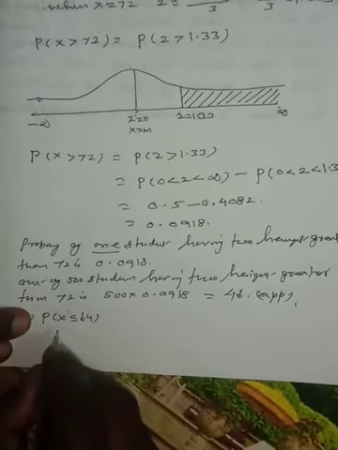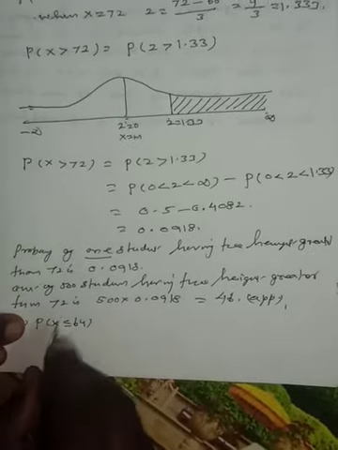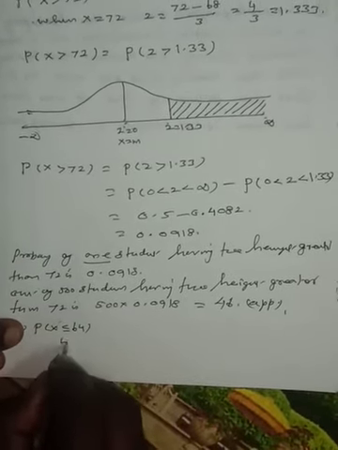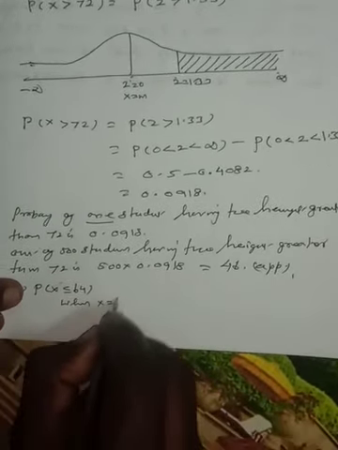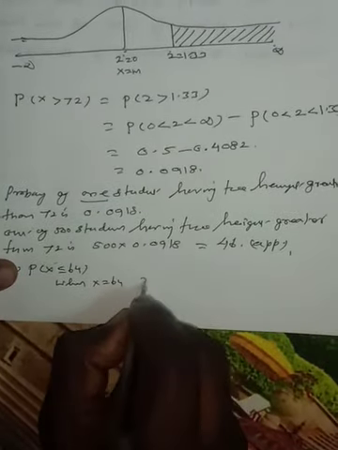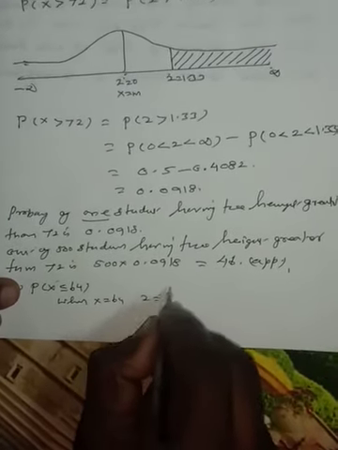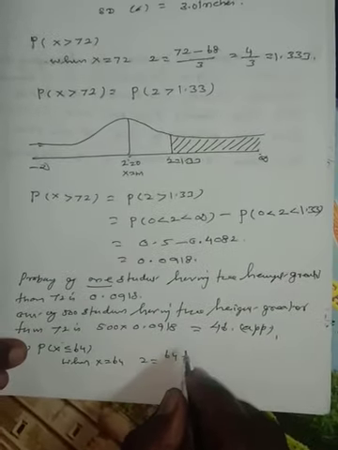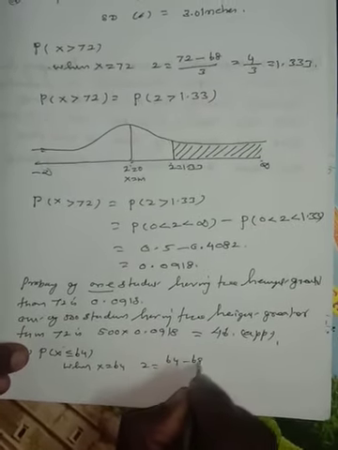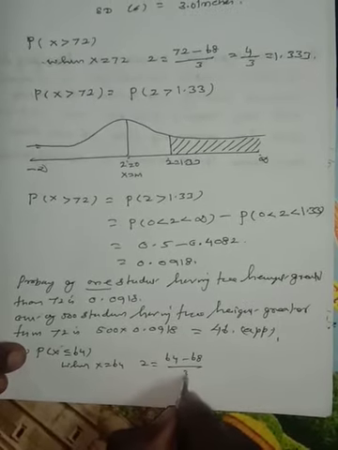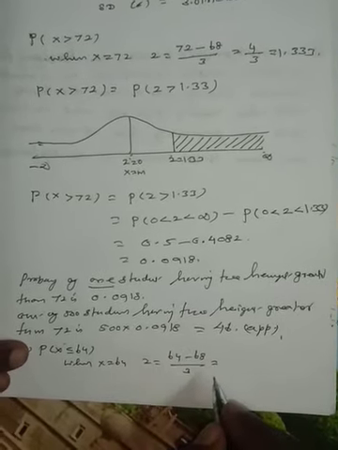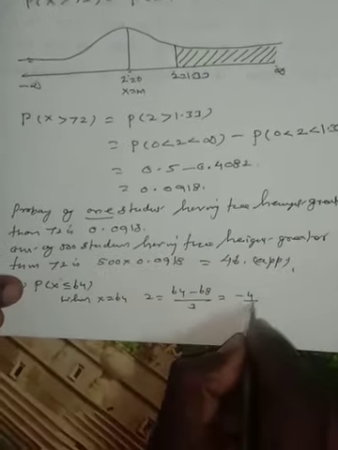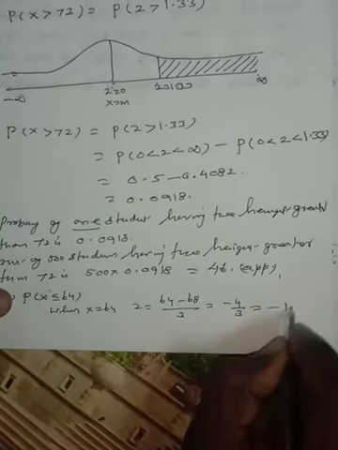Take x equal to 64. When x equals 64, the normal variate z is equal to x minus mu, that is 64 minus 68, divided by 3, which is equal to minus 4 by 3, equal to minus 1.33.